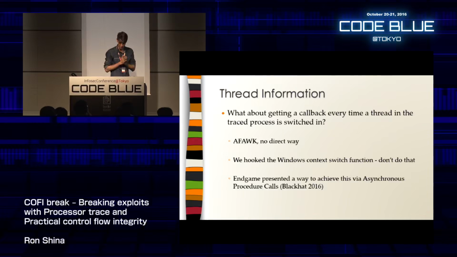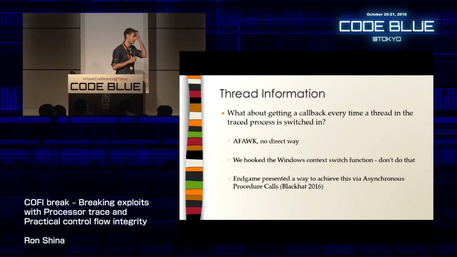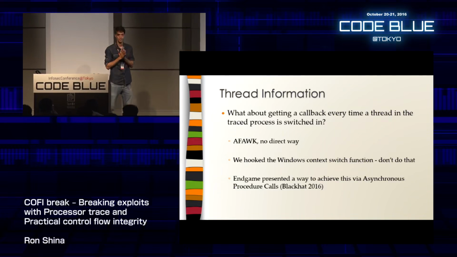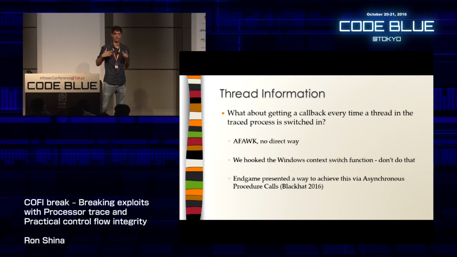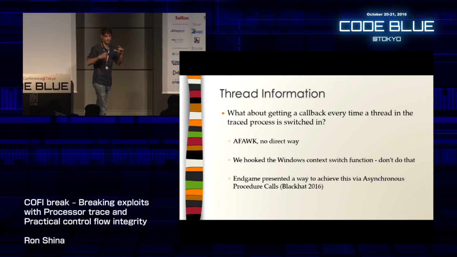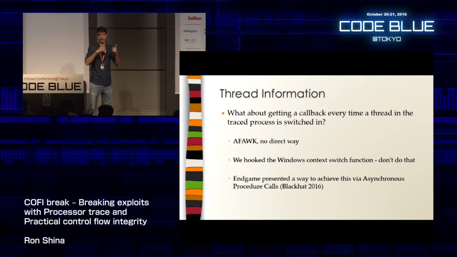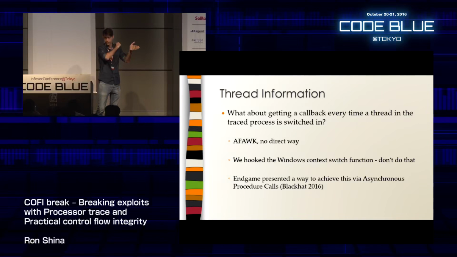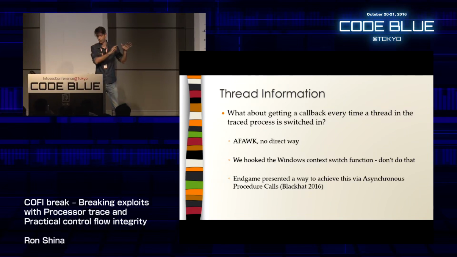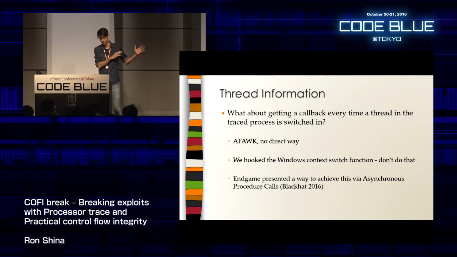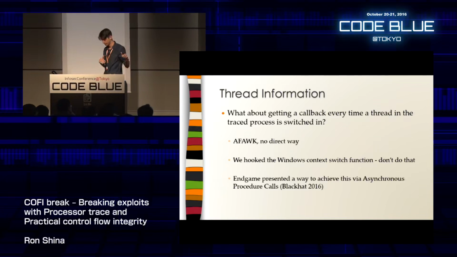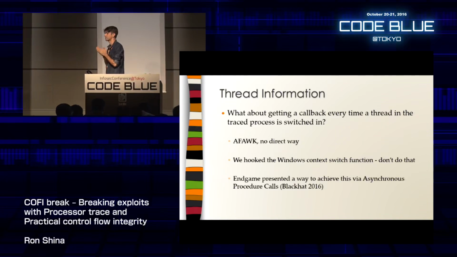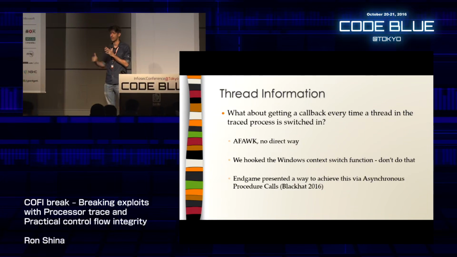A different solution would be to try to get a callback each time a thread gets context switched in. If you're currently recording the trace, and you see, okay, I've been called, so I'll just mark that thread number 1 started executing, and then you know which part of the trace corresponds to thread number 1. But as far as we know, there's no direct way in Windows to get that callback.